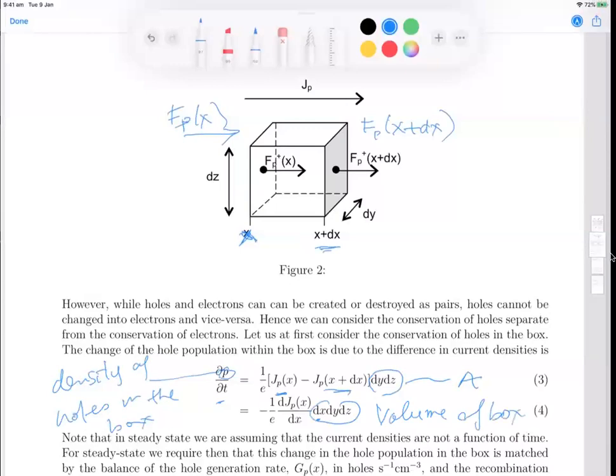And so now we have an equation that equates the rate of generation of holes inside the box to the rate of change of the hole flux density.